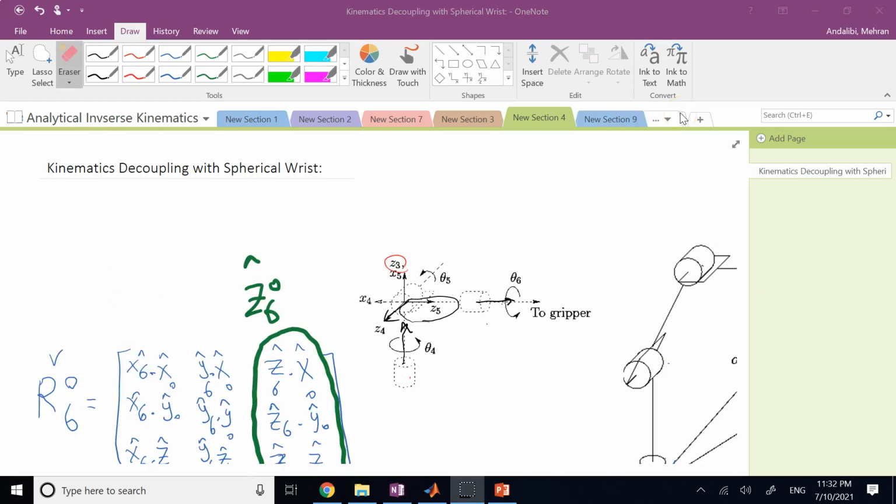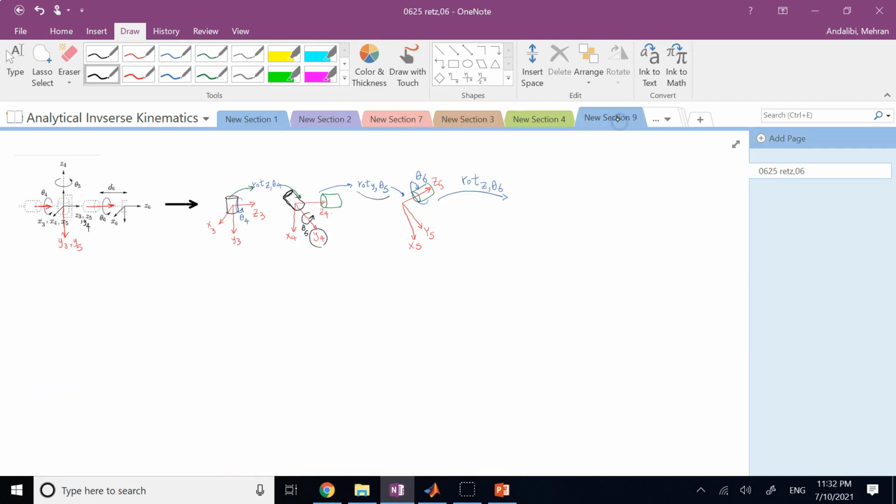So clearly this is an Euler sequence that is what we call proper Euler sequence. The first axis and the last axis are the same type, right? So it's something like ZXZ, ZYZ, XYX, YXY, and so on.